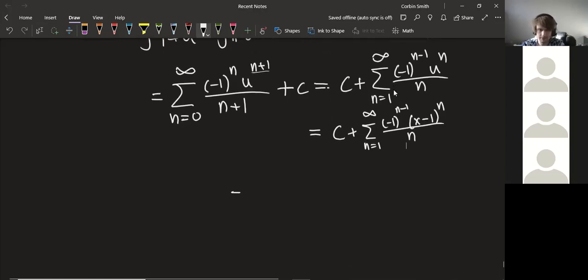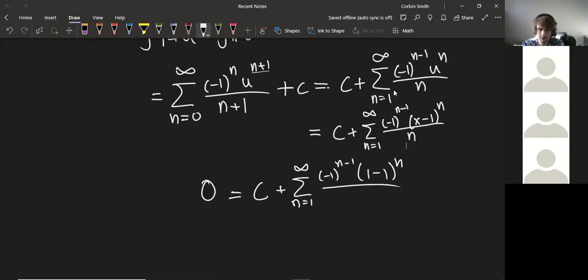So we're going to get 0 equals c plus the sum from n equals 1 to infinity of (-1)^(n-1) (1-1)^n, but all of these are 0 terms, so c is equal to 0.